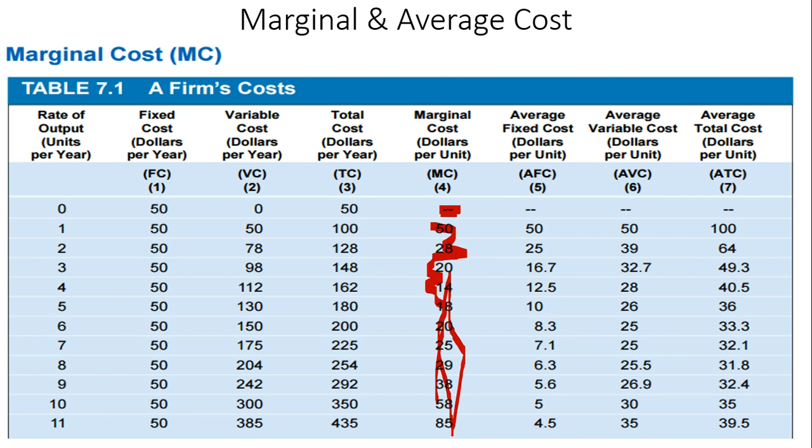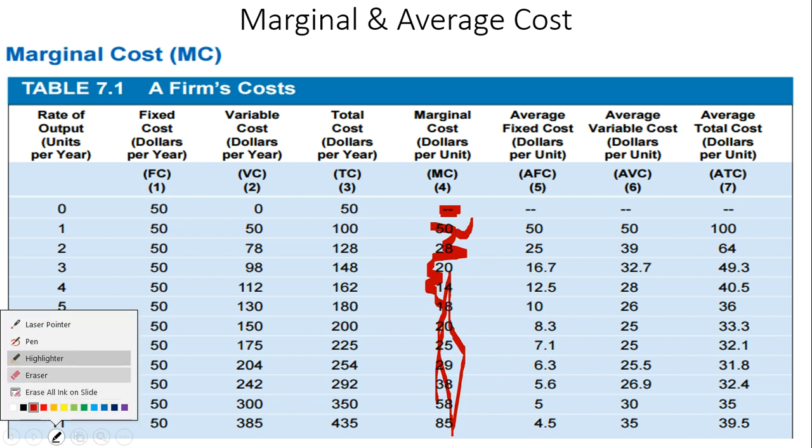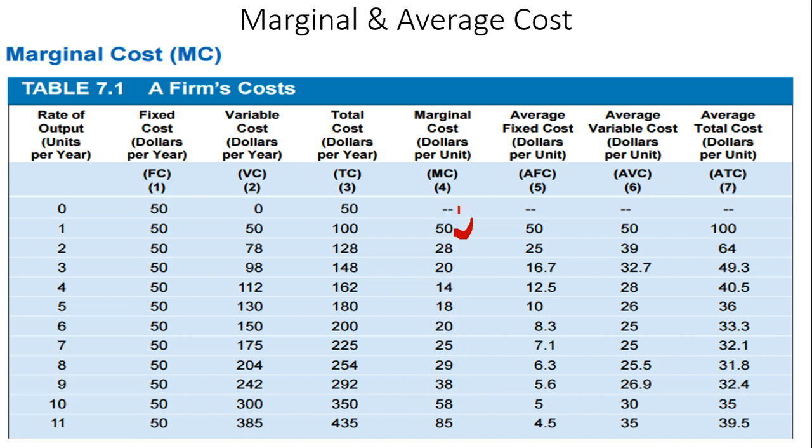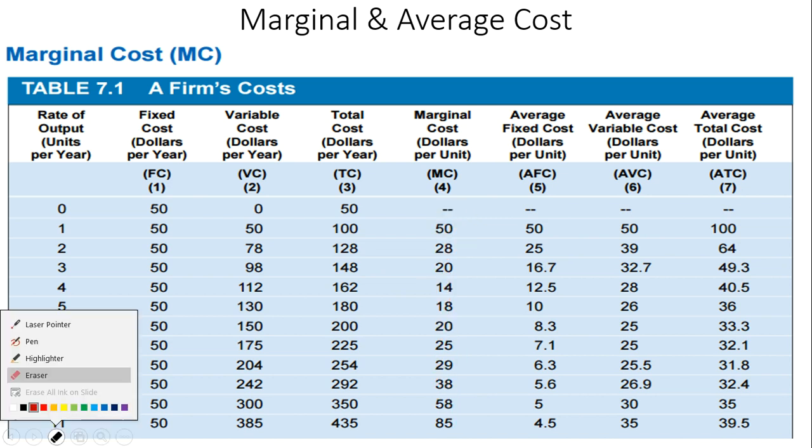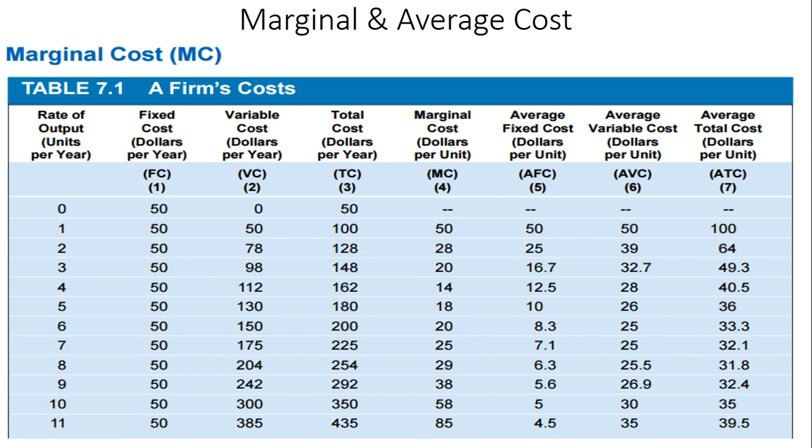Okay, and then when total cost reaches 100, so this has come as a result of this unit that we've produced, the 1 unit. Therefore, the marginal cost is just the 100 less 50, and that is where this 50 here is coming from. Let me erase and you can see the figures clear. So that is where this 50 is coming from.